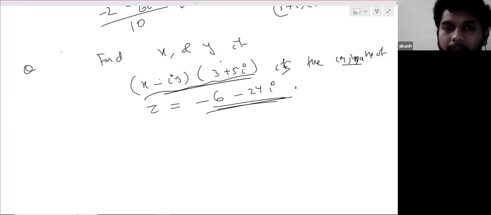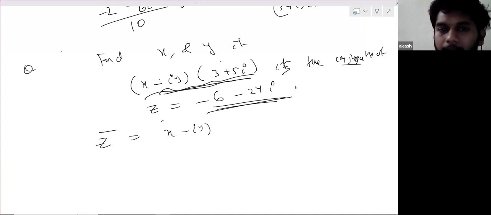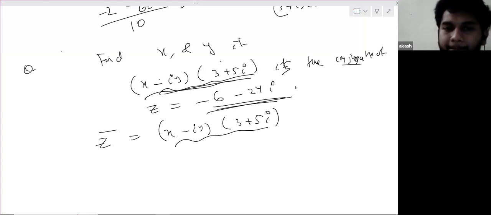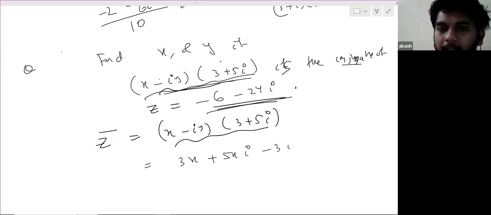So if I take this as z, then can I say z bar is given as this number, x minus iy times 3 plus 5y? So can you simplify this? So this is 3x plus 5xi minus 3iy, and this is plus 5y. And what will be z bar? If this is z, then z bar will be minus 6 plus 24i.